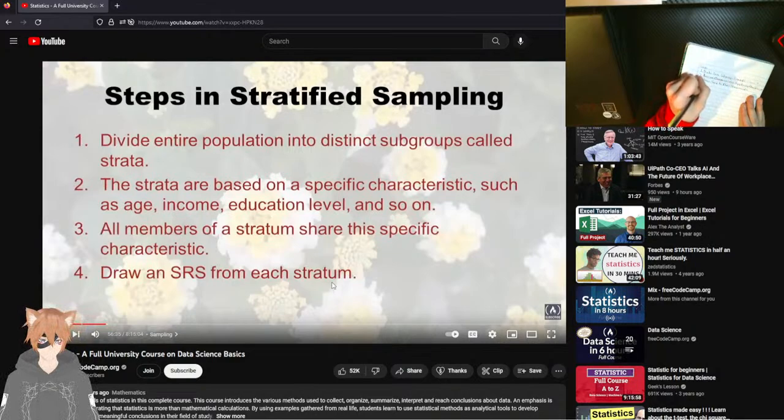Four is draw an SRS. I don't think they said that, unless it was stratified sampling. I'm not sure. I'll have to check that.